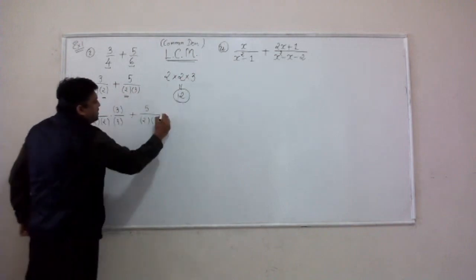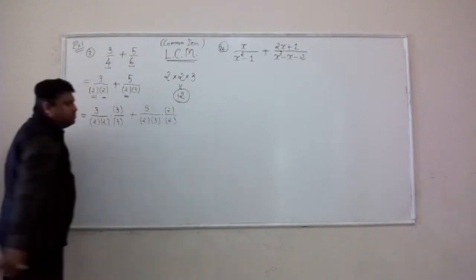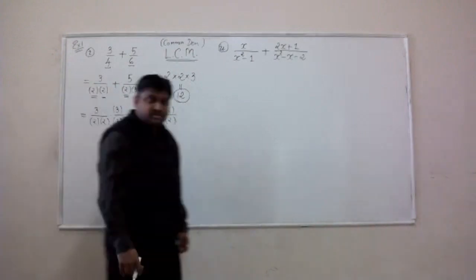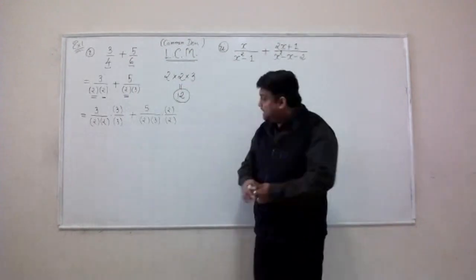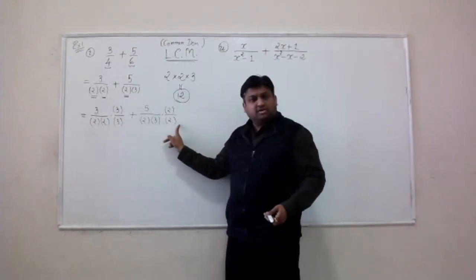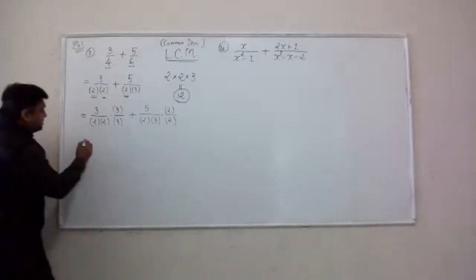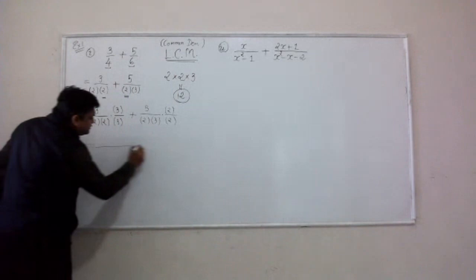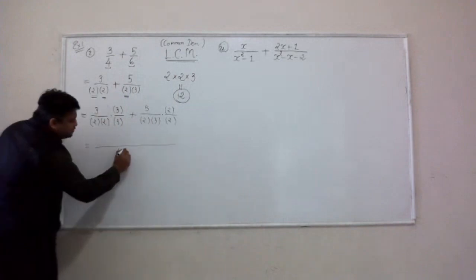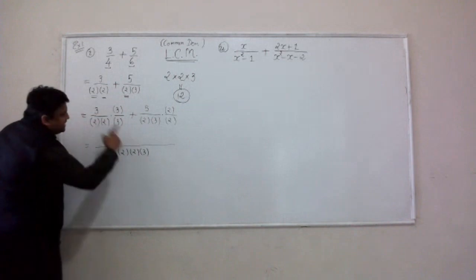What's missing is one more copy of 2, so I would multiply and divide it by 2. I want you to notice that the denominator is equal under both terms, right? So I'm going to write it as a common denominator. Let's do that. Look, 2 times 2 times 3 is going to be the common denominator.